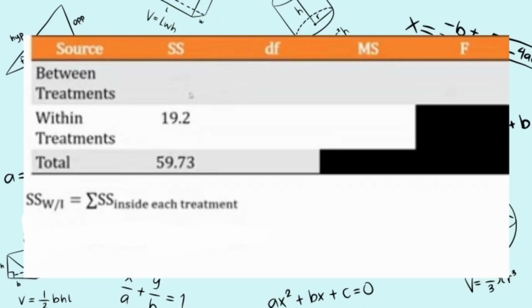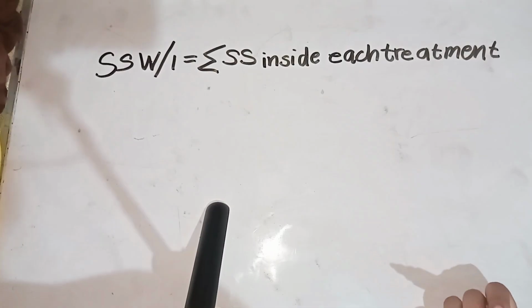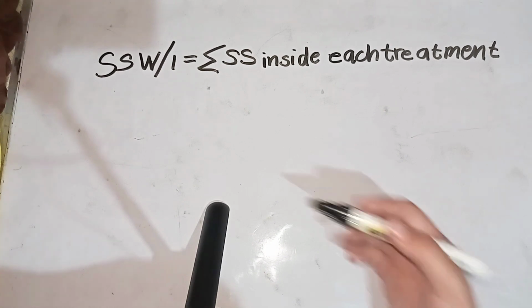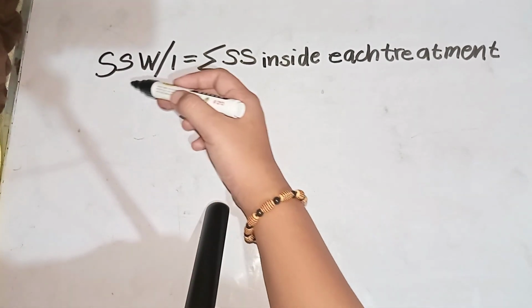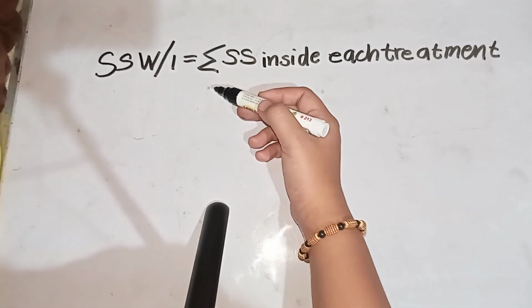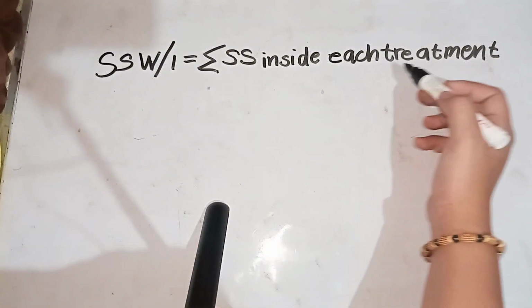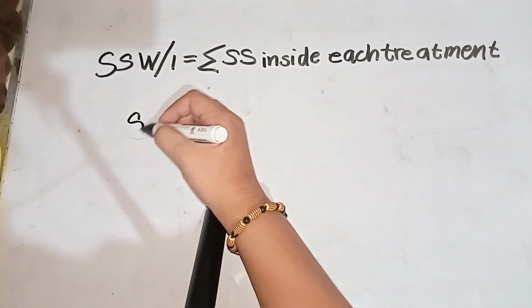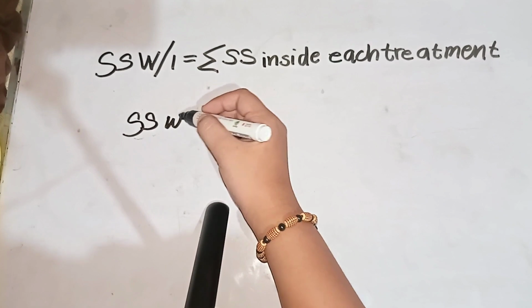Next, ang atong within treatments kay iyang sum of square kay 19.2. Atong step by step nga nakuha ang 19.2. Unsa ang formula sa pagkuha sa within treatment? So, sum of square within equals summation of sum of square inside each treatment.